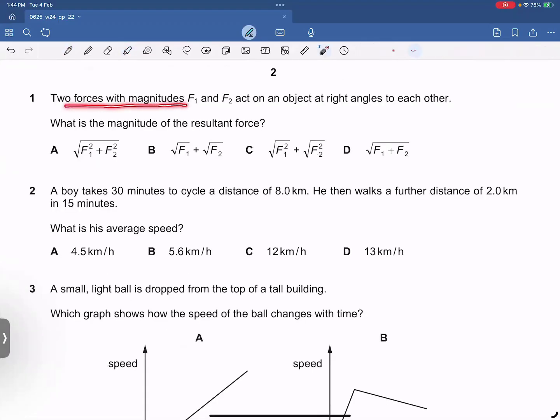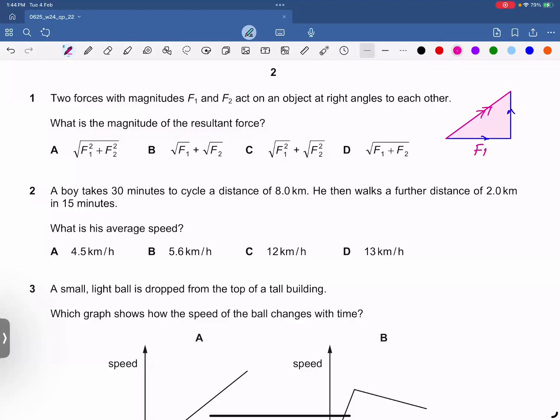Two forces with the magnitudes F1 and F2 act on an object at right angles to each other. What is the magnitude of the resultant force? Dear students, when two forces are acting at right angles, the resultant force is the hypotenuse of a triangle, which can be found using Pythagoras theorem.